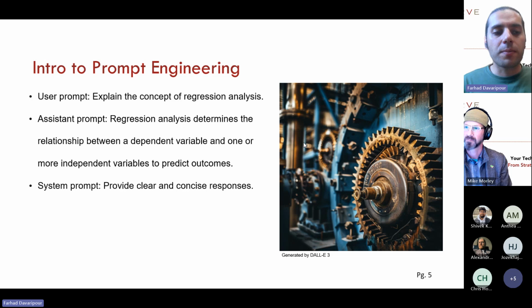We have another prompt that's called the system prompt. That's what you can also see in ChatGPT. If you go to the settings, there is a place where you can provide certain instructions, and those instructions are what make the large language model pretty useful and customized for our needs.